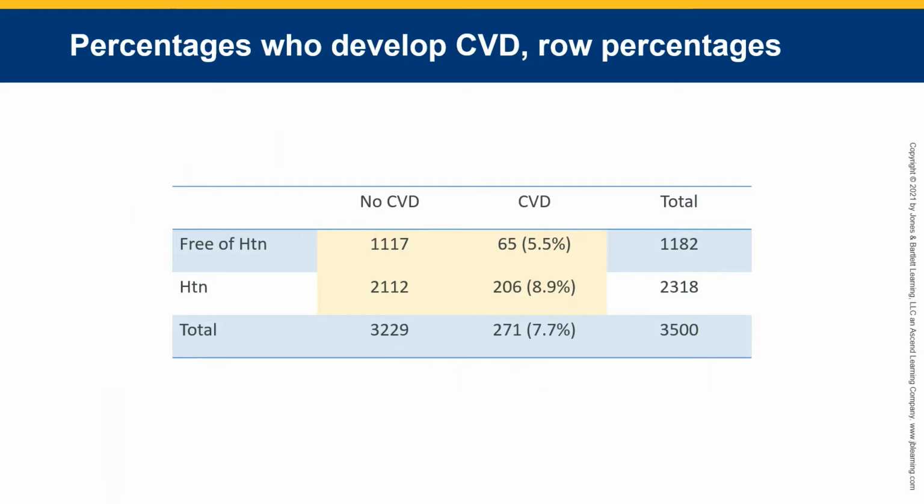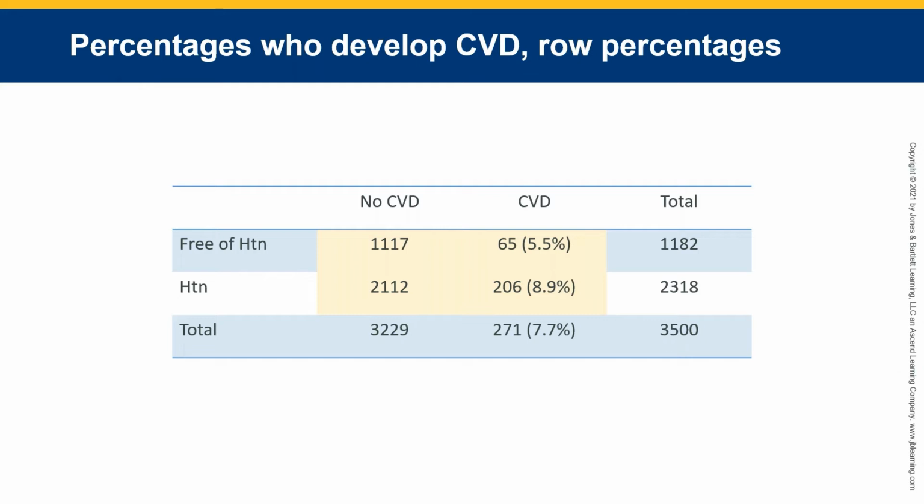So it's hard to see whether there might be a difference in the percentages of patients who develop CVD looking just at the raw data. So what's been added now are the percentages of each group, and by group I mean those free of hypertension, those who have hypertension. And here now we can compare directly the percentages, because it's hard to compare the 65 to the 206, which are the numbers who develop CVD, because the denominators are different.